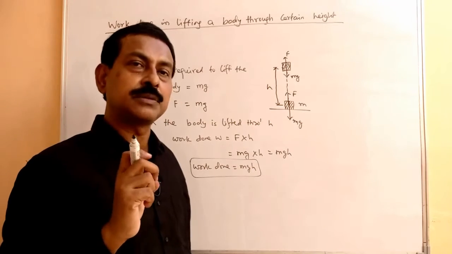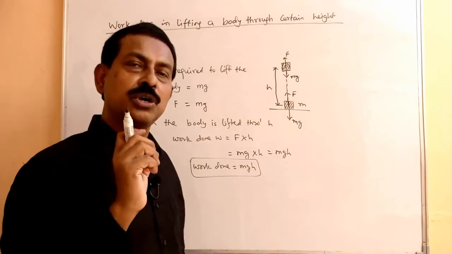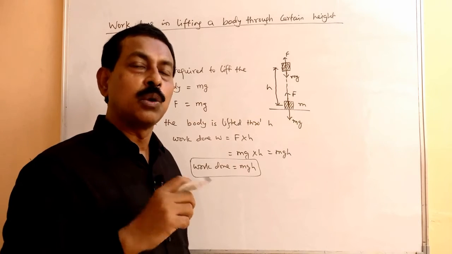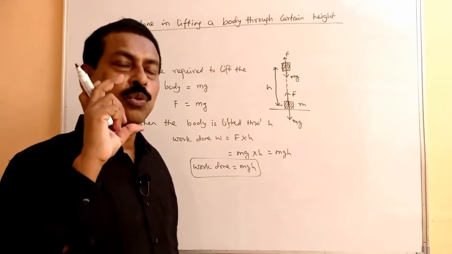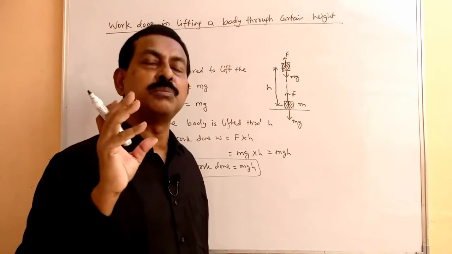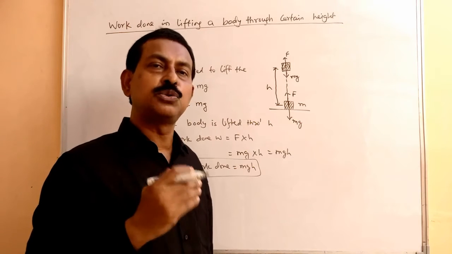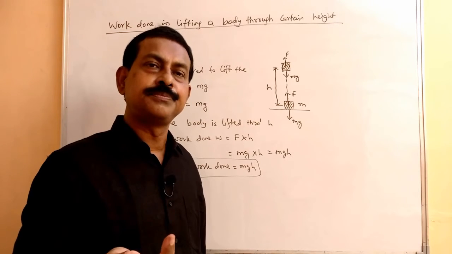But remember one thing, this is applicable only for small values of h. Why are we saying that? Because only for a small height can you treat g as constant, since you know that acceleration due to gravity varies with height.